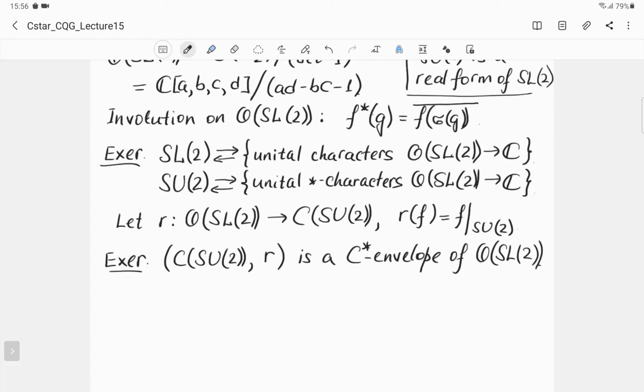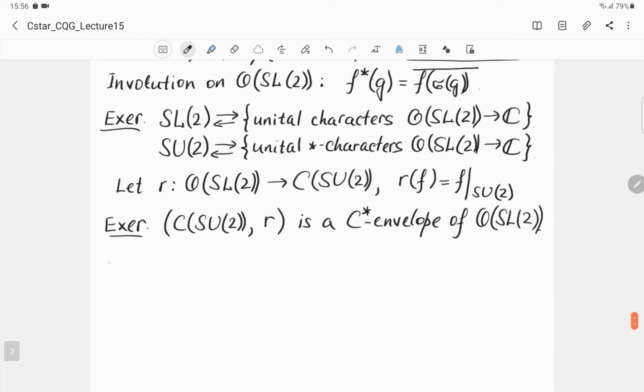Okay, by the way, one more exercise, which is elementary, but it will explain later the quantum case.